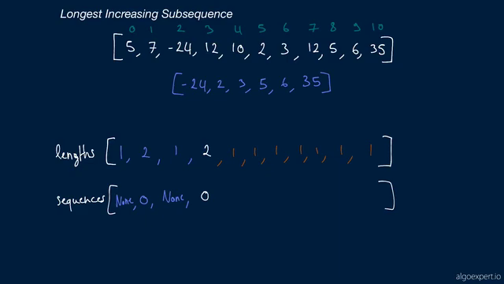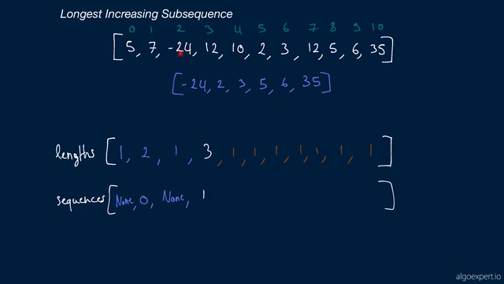But now we just determined that we can add 12 to the longest increasing subsequence ending in 7, because that would give us a length of 3. And in that case, the number coming before 12 is 7, which is stored at index 1. So now here we're going to not store 0, but instead 1.